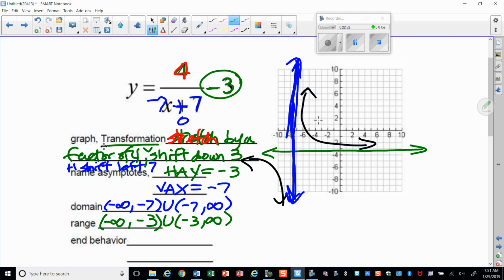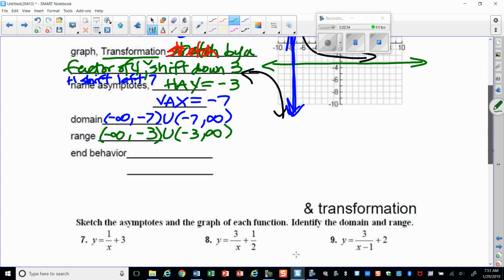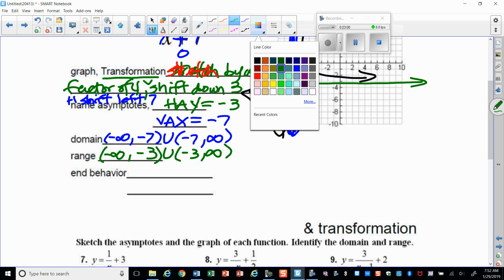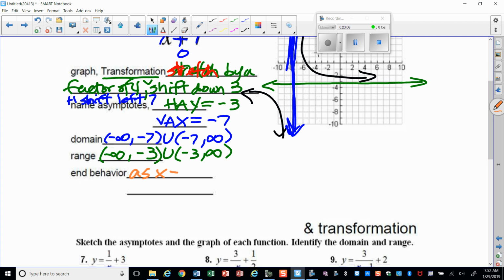Then end behavior is, remember, what happens as x goes to positive infinity. As x approaches positive infinity, what is happening to the function? That end behavior is over here, at positive infinity. Well, it's approaching this number here, which is -3.